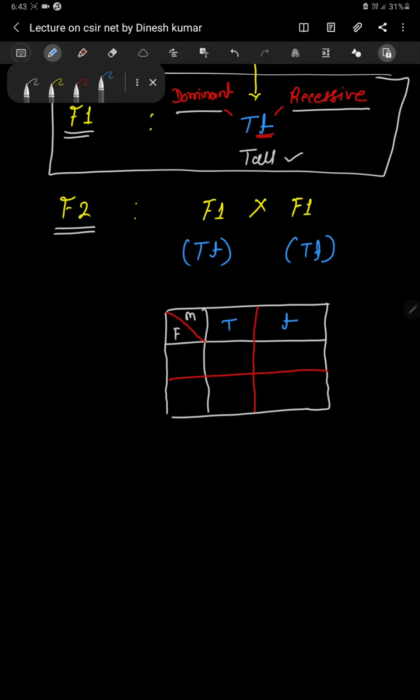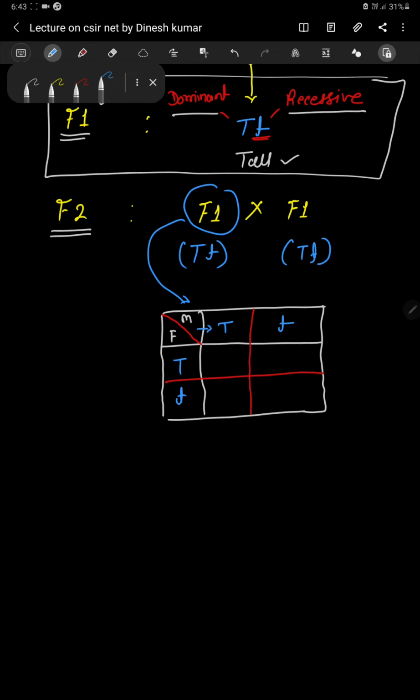Similarly, for this side we have the gametes capital T and small t.